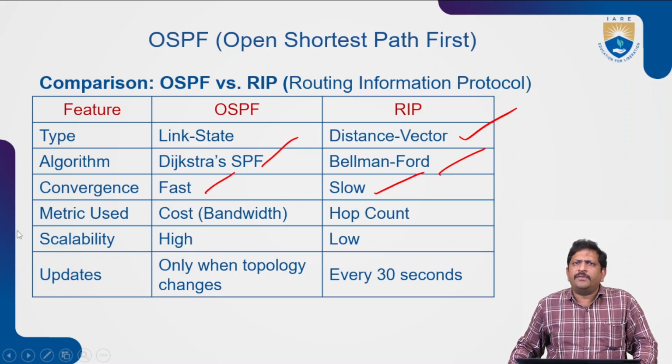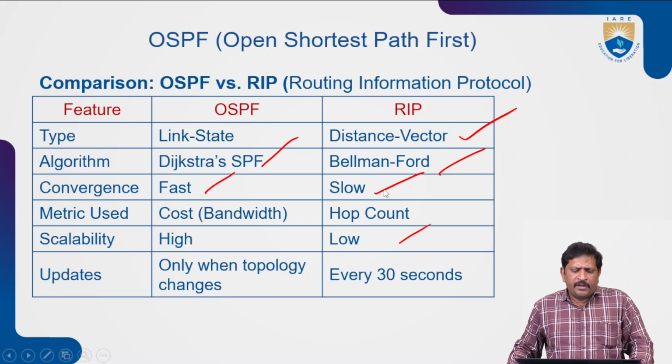And the metric used here is cost. Cost is very high in OSPF, and RIP has a very low cost. Reliability is also very low in RIP, and scalability is very high in OSPF compared with other protocols.